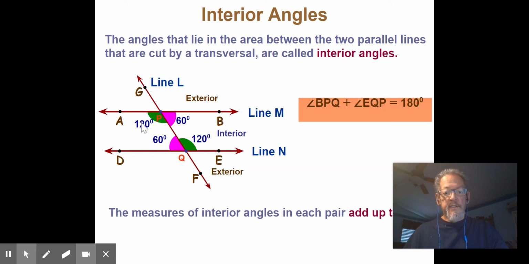So if that's 120, the opposite one would be 120. And since these have to be supplementary, 120 plus 60 is 180. Same thing here, 120 plus 60 is 180. The same side ones have to add up to 180, and then the alternate interior ones are congruent.